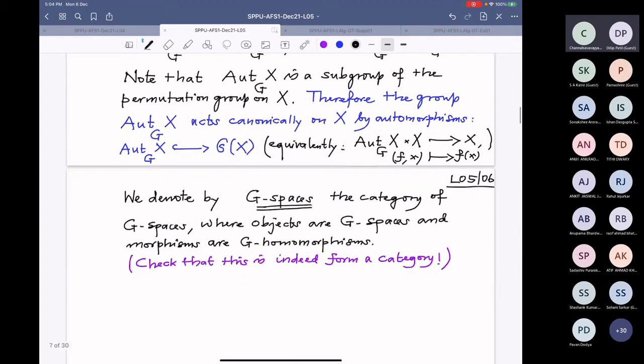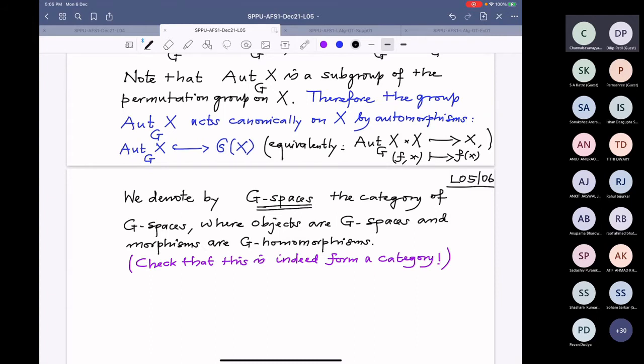All right, so I have written in blue ink now. Therefore, Aut_G(X) acts canonically on X by automorphisms. That simply means I am giving you the theta map.